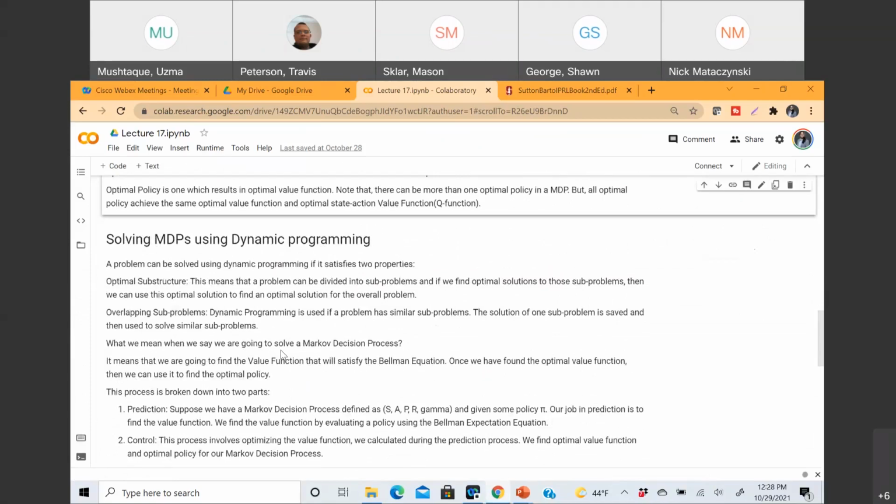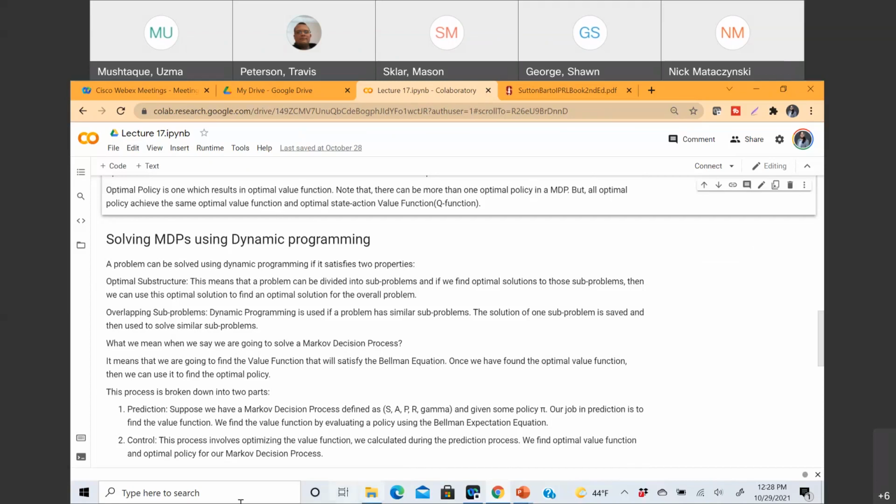Think about it. We are finding an optimal policy by maximizing over all Q values, that means all my optimal state action value functions. So I'll solve for my best Q value and then pick the action that gave me that optimal state action value function.